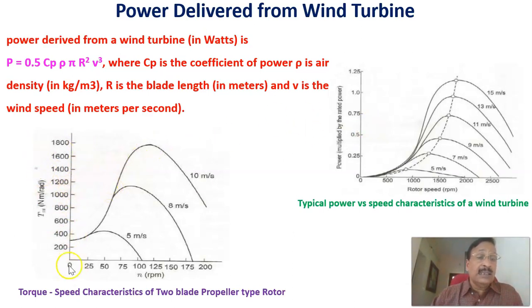If you plot torque versus speed for different wind speeds, it has the same shape, and this is the speed characteristic of the two blade propeller type rotor. This is the torque produced, and this is the speed of the turbine, for different wind speeds.